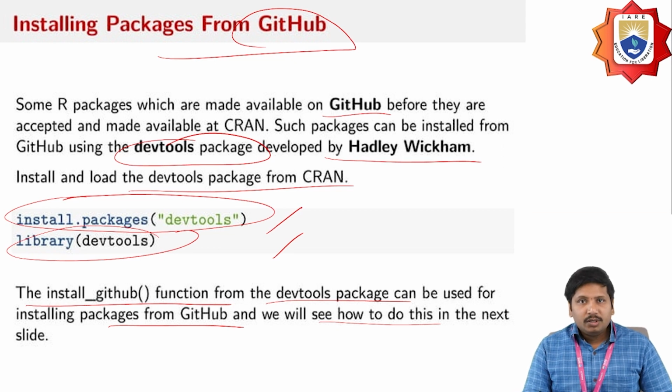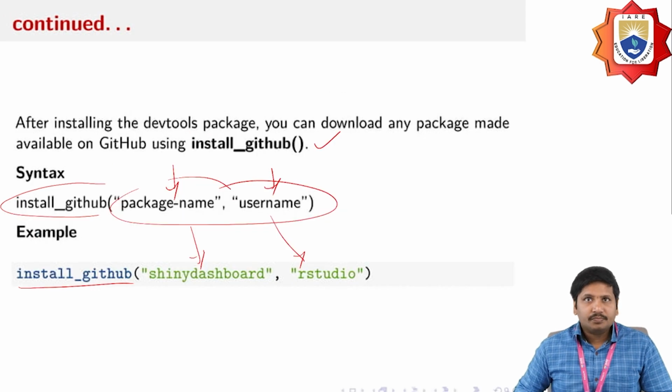In order to do this, we first have to know the devtools package. First we have to install and load the devtools package from CRAN. Only then can we use the GitHub function to install from GitHub.